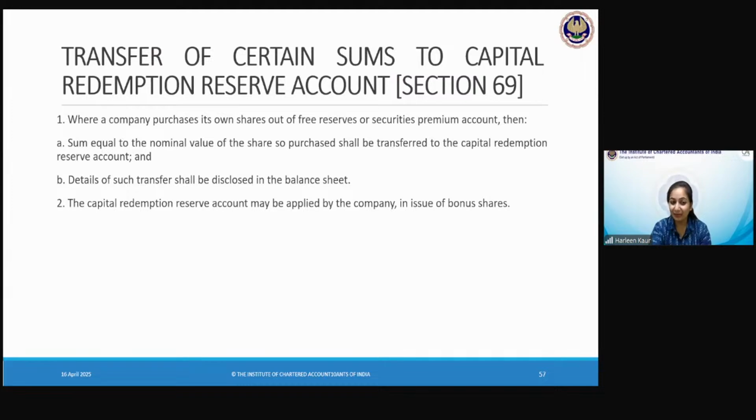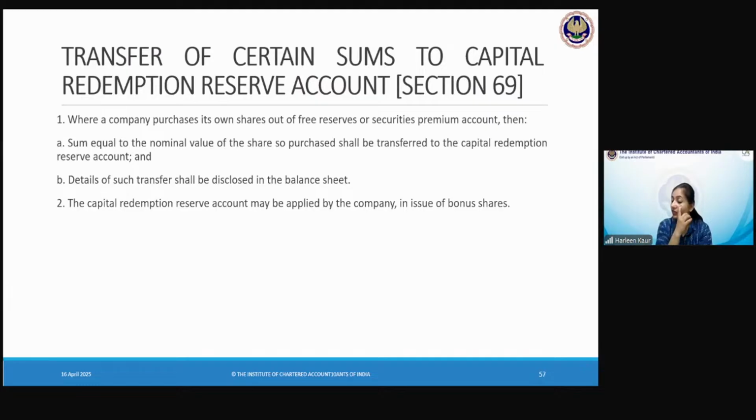No, ma'am. Clear? Everybody agrees. So only if you do the buyback from SPA and free reserves, then a nominal value of the shares so purchased has to be transferred to the CRR and it will be disclosed in the balance sheet.